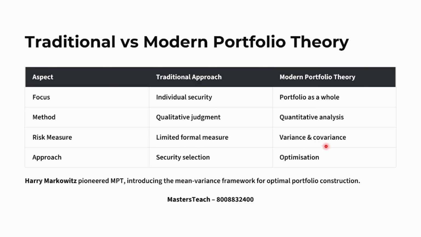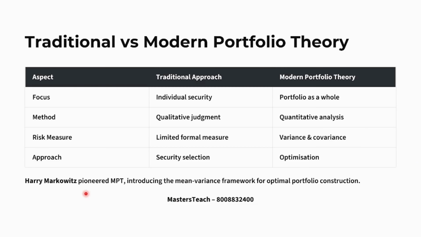Whereas now it is variance and covariance, that means risk changes as per time. Approach: traditionally they wanted to save the money, now it is optimization, that means sometimes you risk and may lose the money, sometimes you gain.